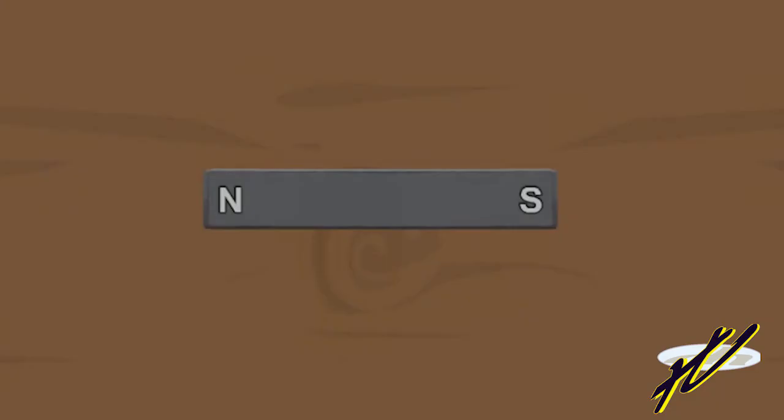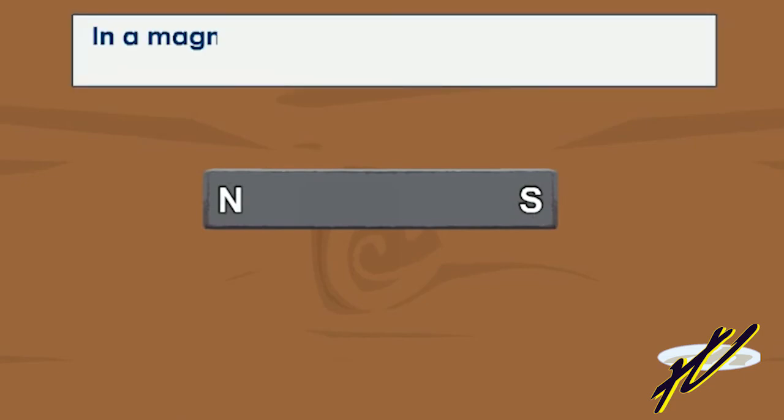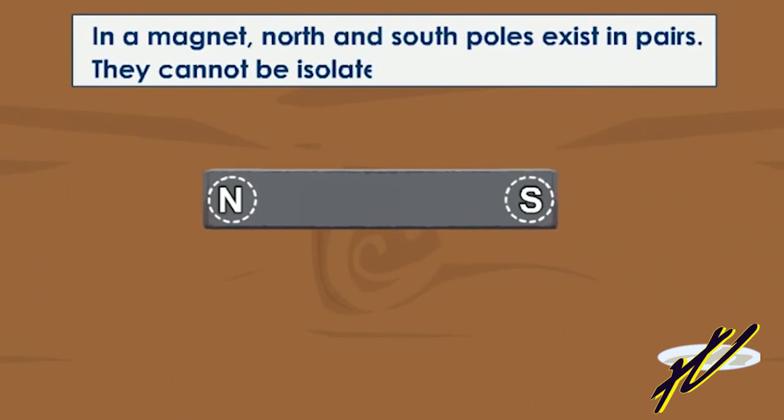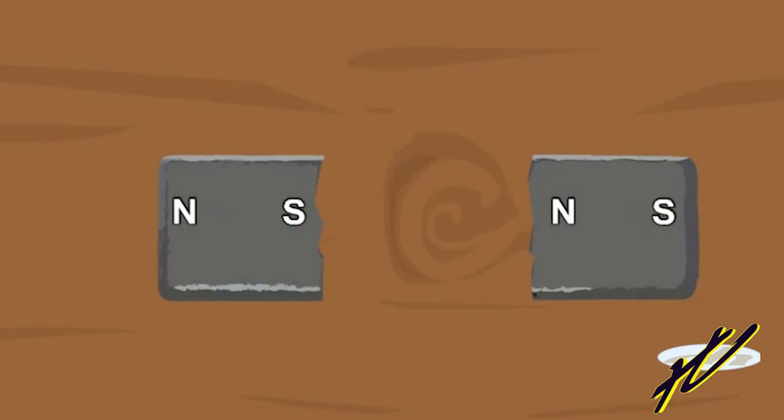Let us look at the other property of a magnet. Students, magnetic poles always exist in pairs. In a magnet, north and south poles exist in pairs. They cannot be isolated. If a magnet is broken into two pieces at the middle, each piece will become a complete magnet, containing a north and a south pole.